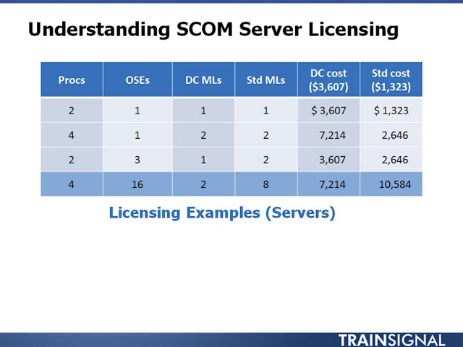Or you'd have to buy 8 standard management licenses because remember, each standard management license covers 2 OSEs. In this case, you're much better off buying the data center license rather than the standard license. In fact, to buy the data center license, you're spending $7,214 at list price versus $10,584 for the standard edition.